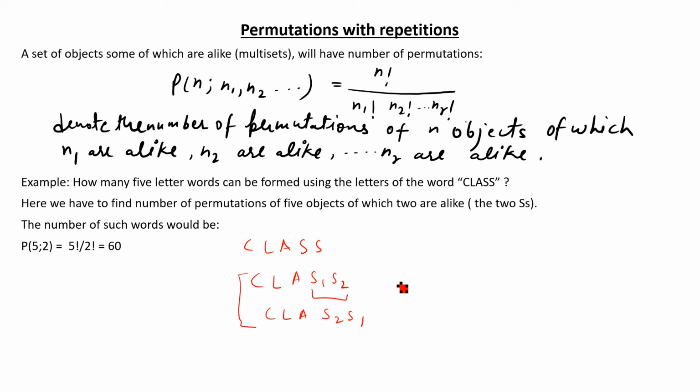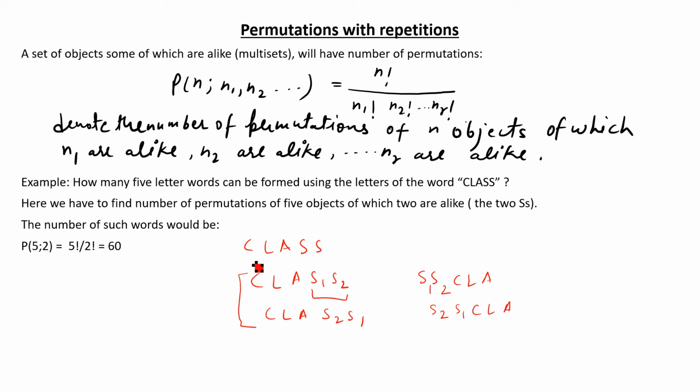And there may be the case that if the position is here, C L A, so here would be 2 permutations of S, like S2, S1, C L A, and for the same slots, like after C, after L or after A, total 5 slots.